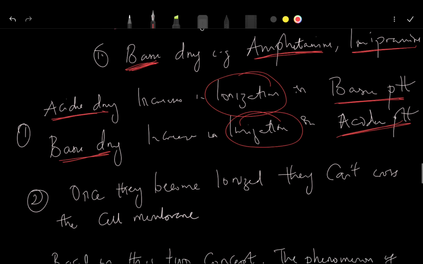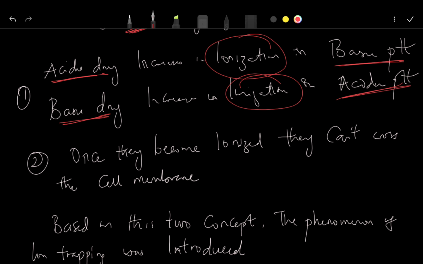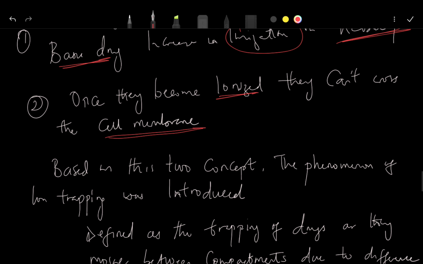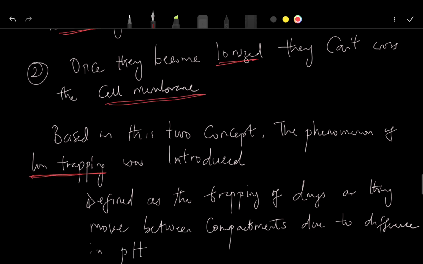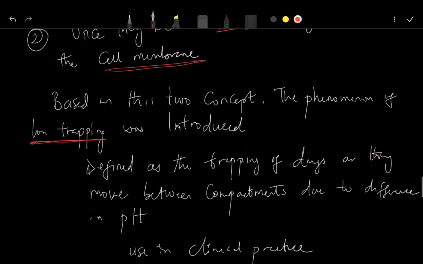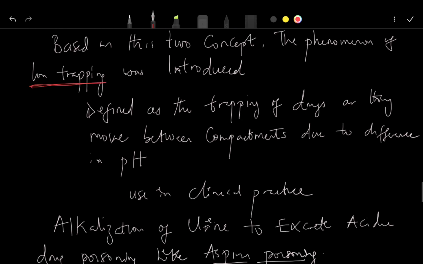Now the next rule is that once they become ionized, they cannot cross the membrane. That's what I just explained, because once they have a charge, they cannot cross the membrane. So if you understand these two rules, then you can understand the concept of ion trapping. Based on these two concepts, ion trapping is now introduced. Ion trapping simply means the trapping of drugs as they move between compartments.